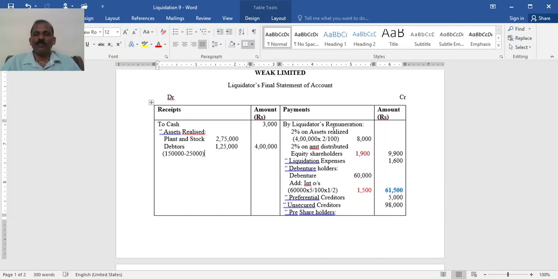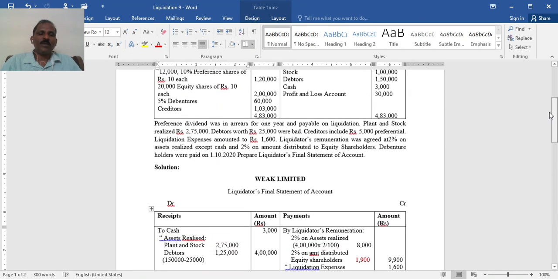Then first one, liquidator's remuneration. They said 2% on assets realized except cash, so it is only on 4 lakh, at 2% it is 8,000. Then later it said 2% on amount distributed to equity shareholders, which you can calculate only at the end. Then liquidation expenses 1,600. Debenture holders: debentures 60,000 at 5%, for 6 months.